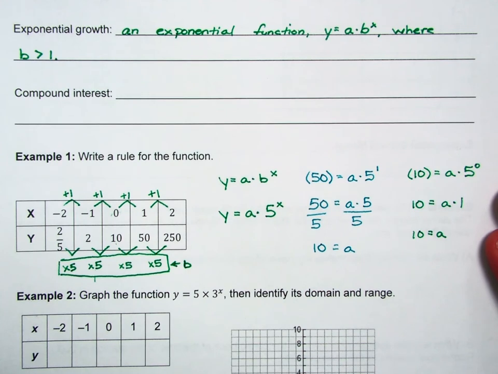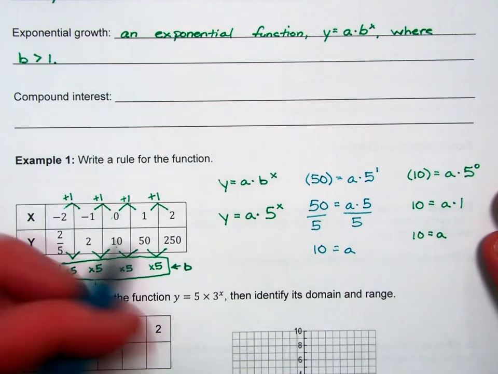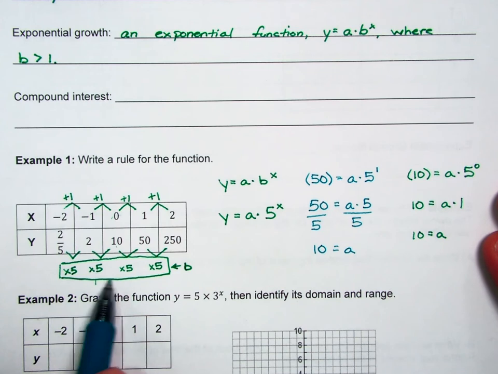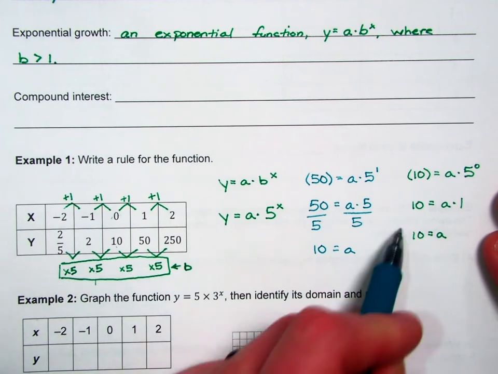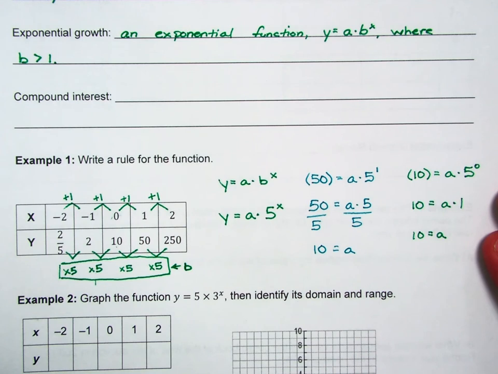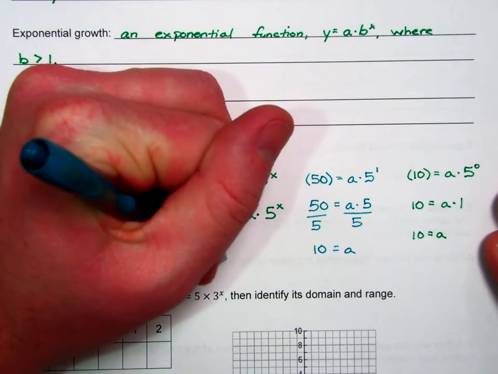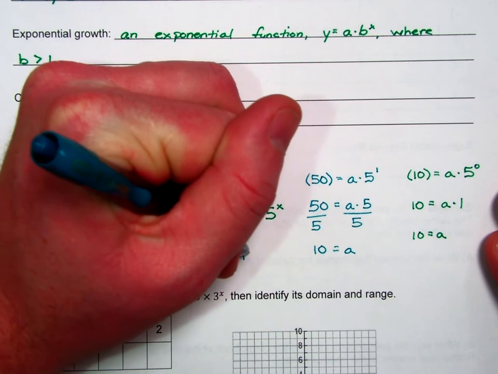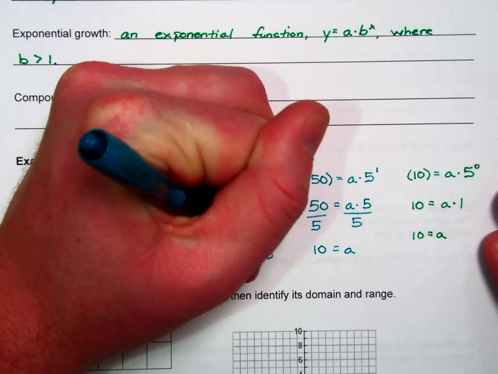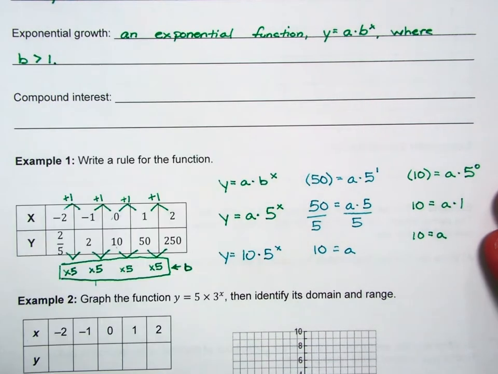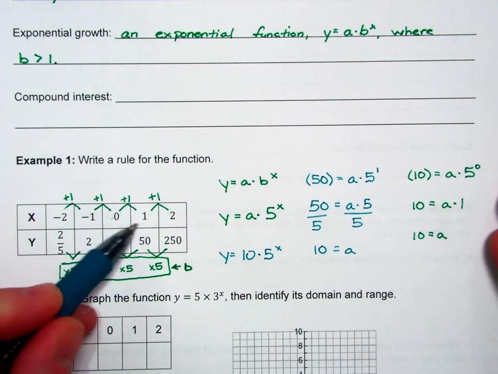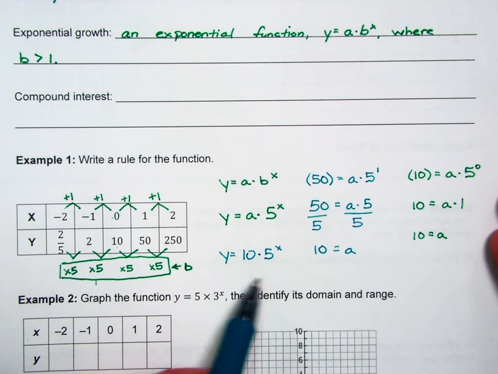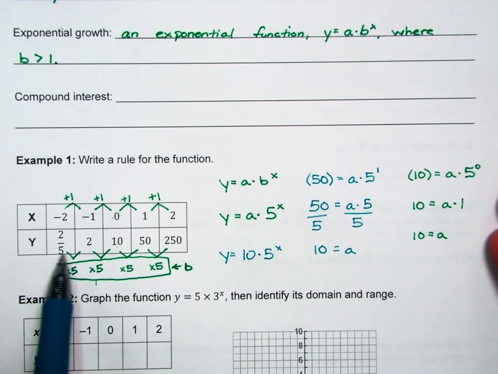So then, when I come back over here, we already found our b value. That was the constant multiplication happening in the problem. And then we plugged that back in and we found out what our a value was. So our final equation for this becomes y equals 10 times 5 to the x power. And if you were to take each of these x values and plug them in, following the order of operations, you're going to get each of these y values out as an output.